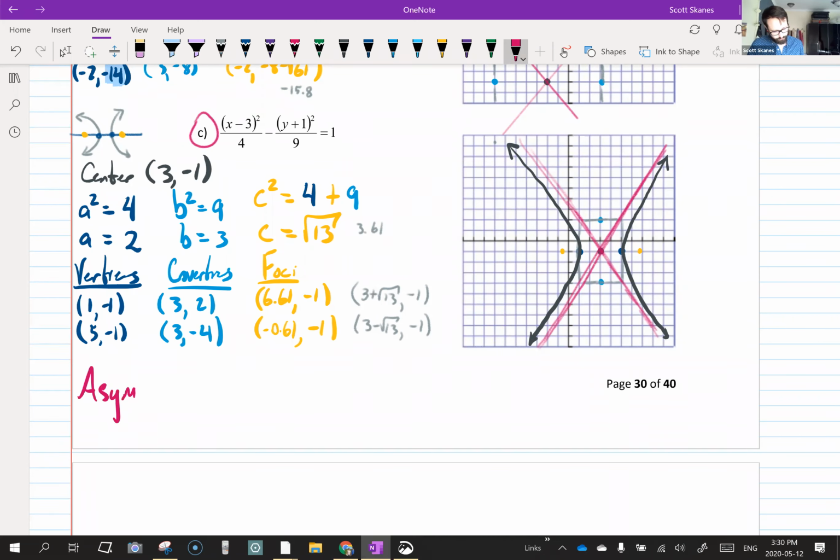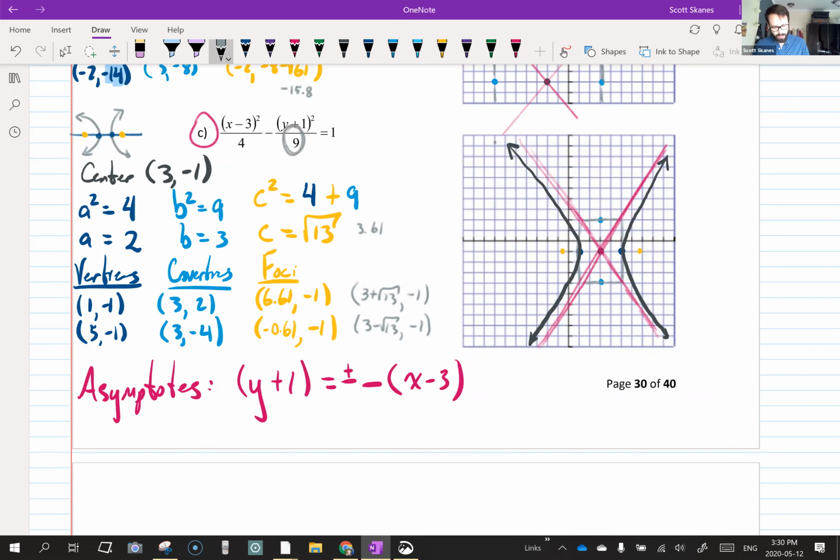Asymptotes. What are they? This is one of the trickier parts if you don't get the trick that I gave you. So what are the asymptotes? I'm going to steal the center, y plus 1. I'm going to steal the center again, x minus 3. I know it's plus and minus, and I know it's a fraction. You just give me the square root of the y1 over the square root of the x1.